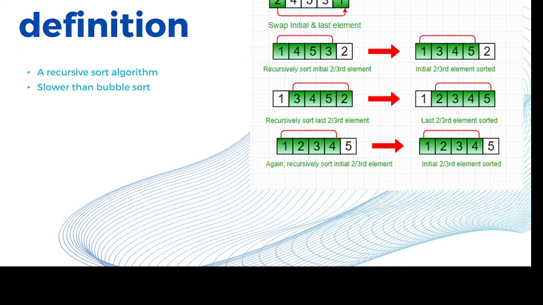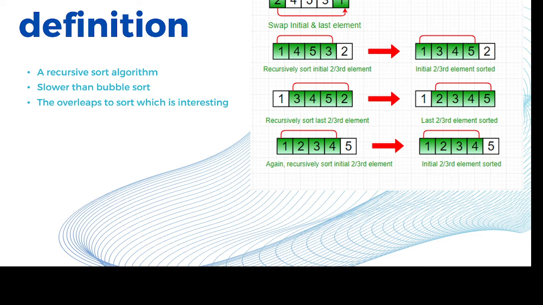As you can see, it is slower than bubble sort. We know bubble sort is one of the worst sorting algorithms, based on iteration, with a lot of iteration. Stooge sort is even slower than bubble sort and is a very bad algorithm, because it has a lot of swapping and iteration.